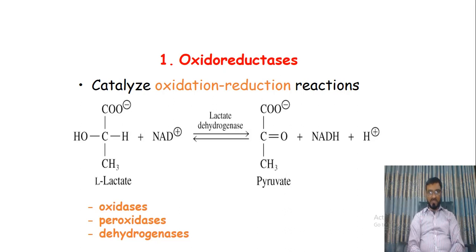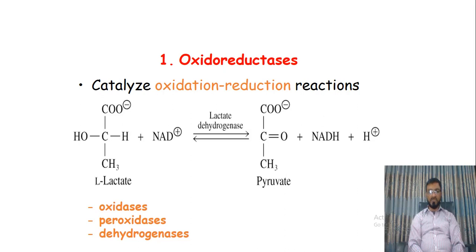So I will take the example of lactate dehydrogenase. Lactate dehydrogenase is producing the pyruvate. There are so many dehydrogenases, like lactate dehydrogenase and pyruvate dehydrogenase.